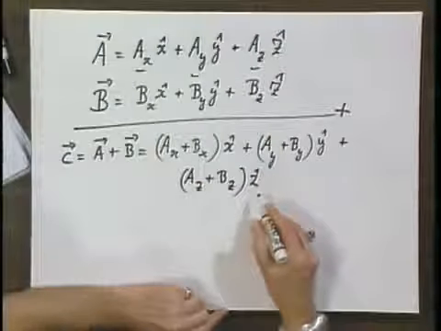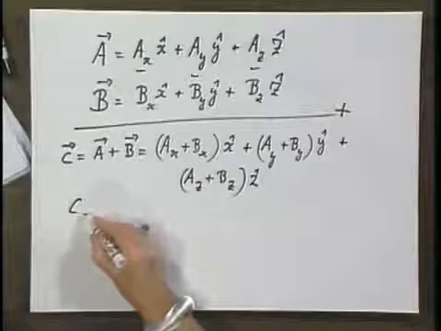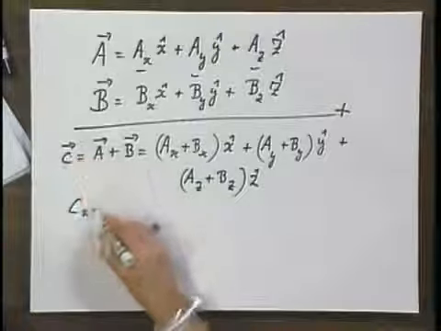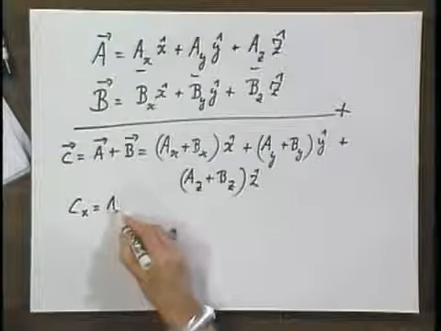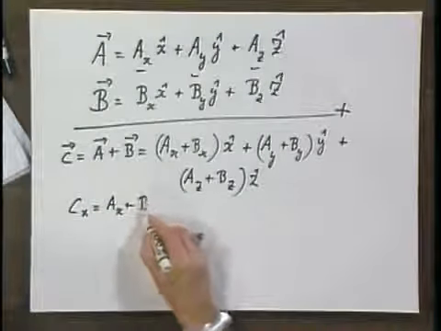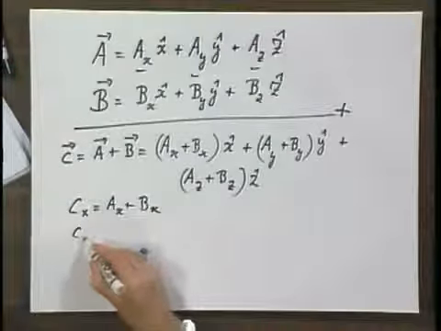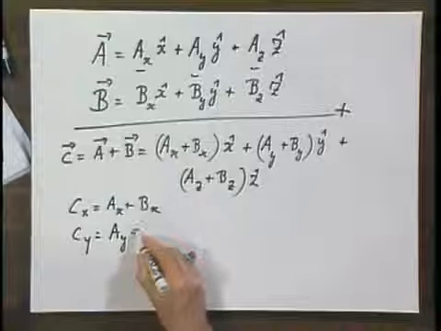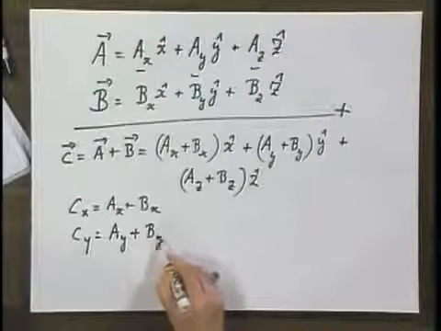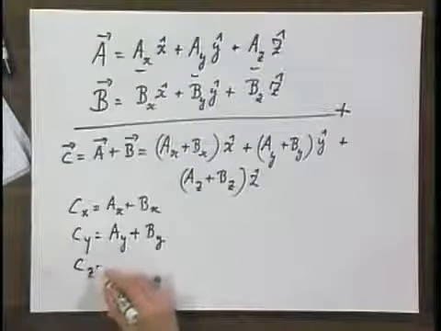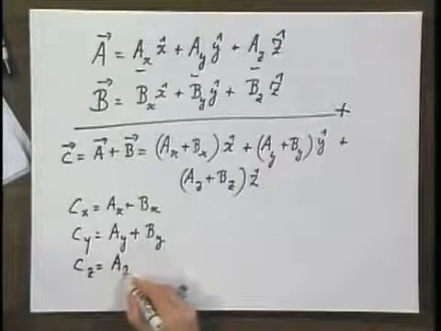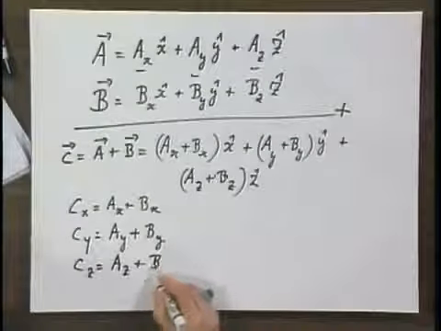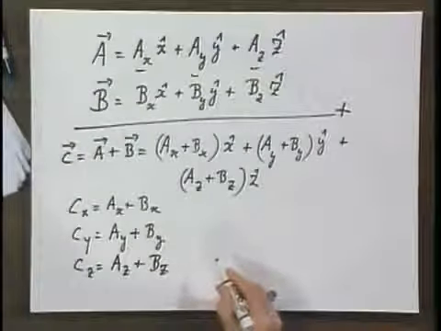In other words, the x component of the vector c equals a of x plus b of x. The y component equals a of y plus b of y. And the z component equals a of z plus b of z.